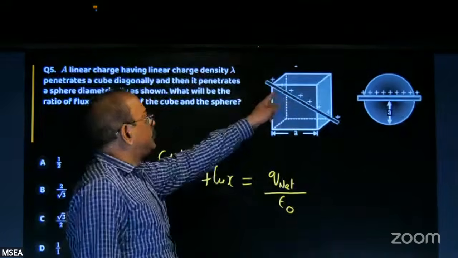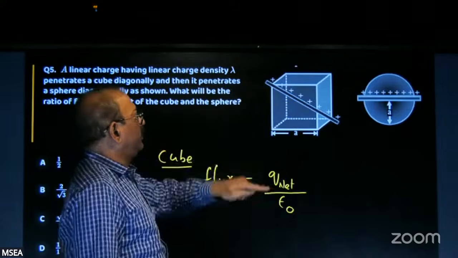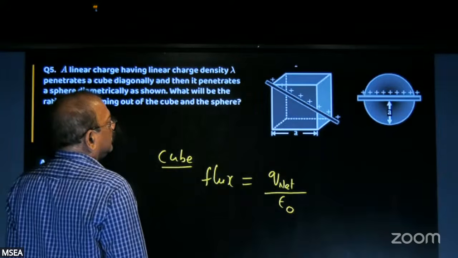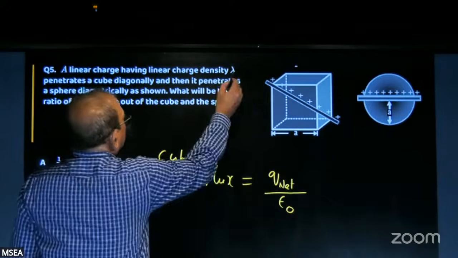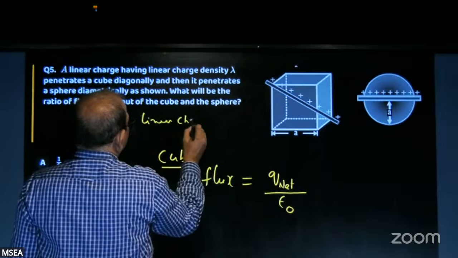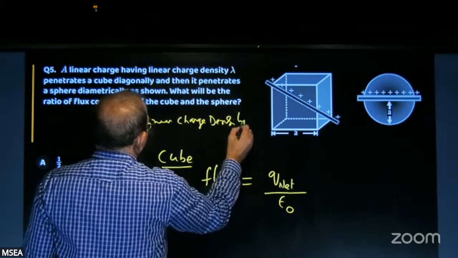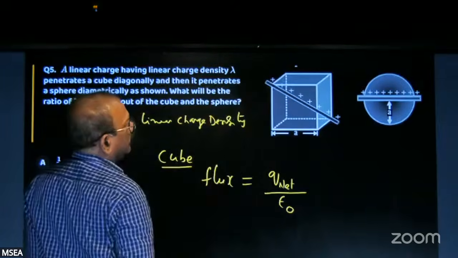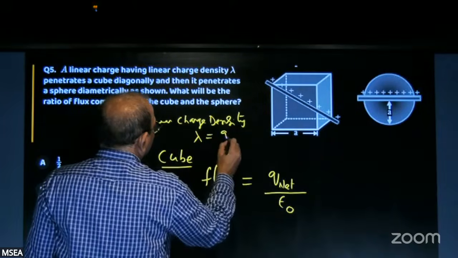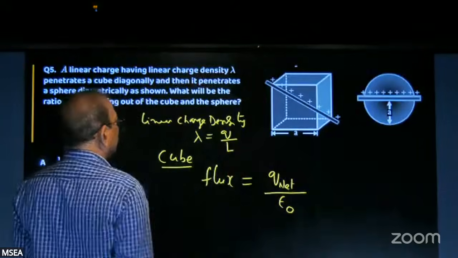So, how much charge of this wire is enclosed inside this cube? That I have to substitute here. For that, what to do? This lambda, linear charge density. Linear charge density is lambda. What is it? Total charge present on it by length.